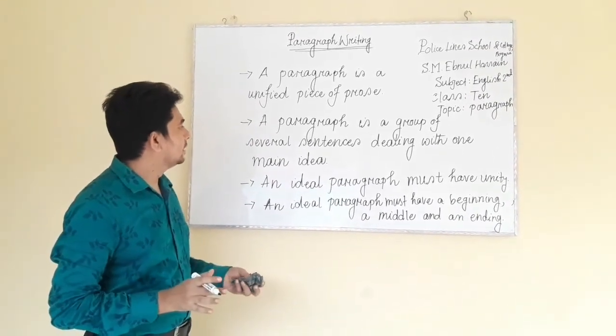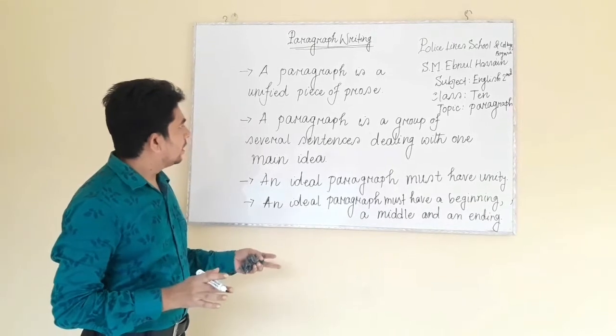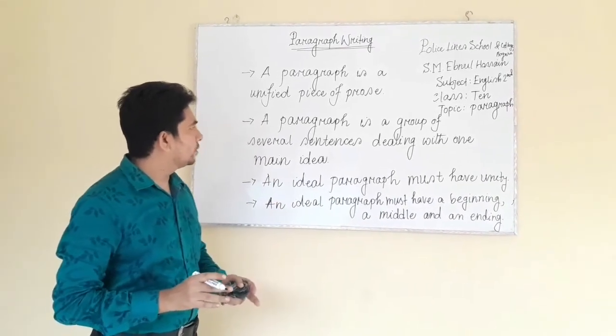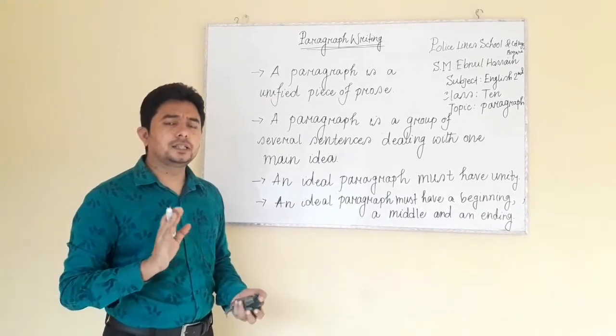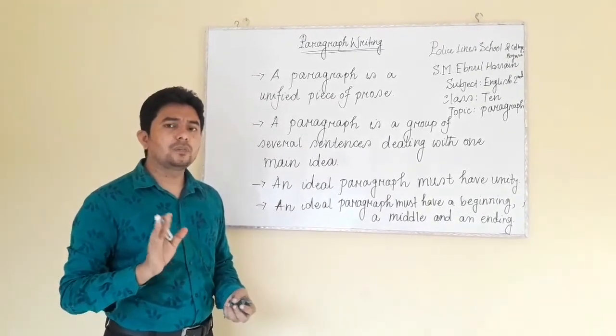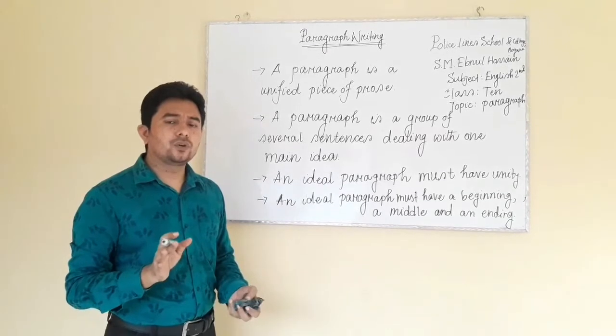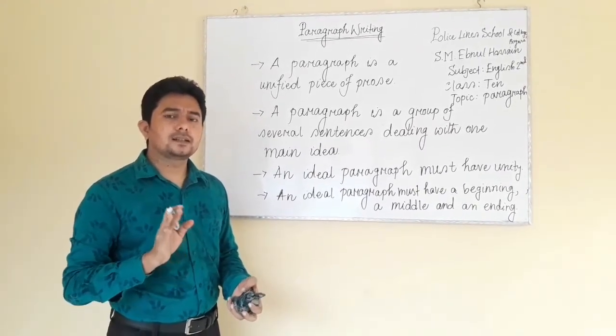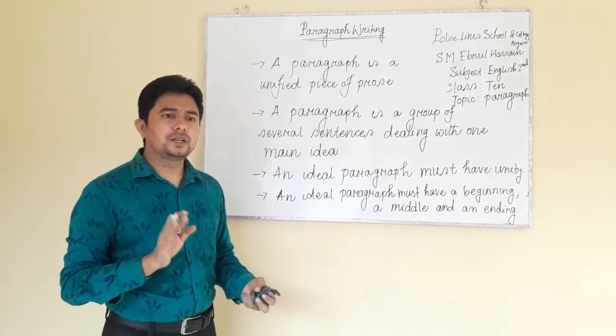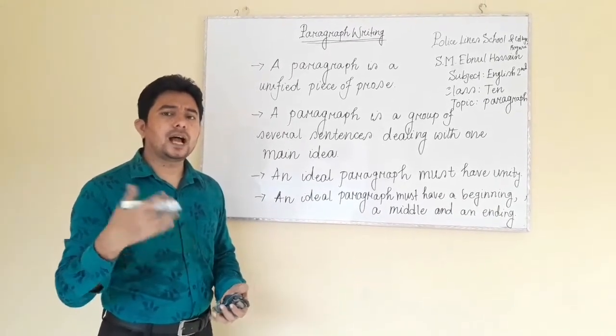We can say that a paragraph is a group of several sentences, but it will deal with only one main idea. No incoherent or unrelated sentences should be written to develop an ideal paragraph.